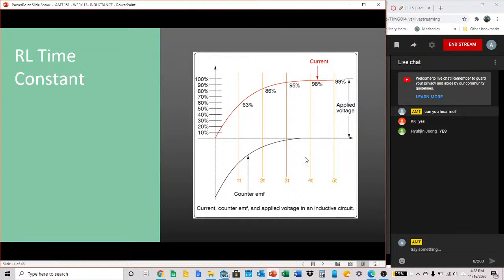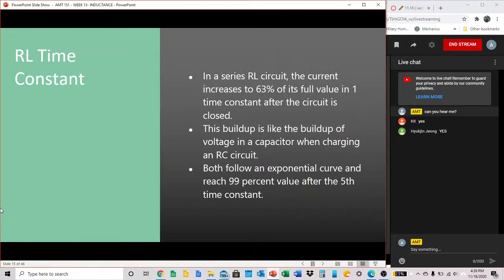That is what this diagram explains. We have one time constant right here, 63% of the current right here, and our applied voltage and counter EMF. This buildup is like the buildup of voltage in a capacitor when charging an RC circuit. Both follow an exponential curve and reach 99% value after the fifth time constant.